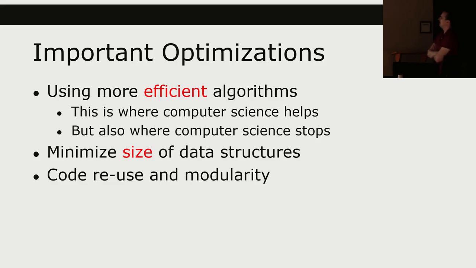Code reuse and modularity is important as well. So we've seen, for example, one of the ways that we reuse code is by writing functions. So for example, if there's some functionality that you're going to use multiple times over and over and over again, you probably shouldn't write those few lines of code every single time you want to do that thing.